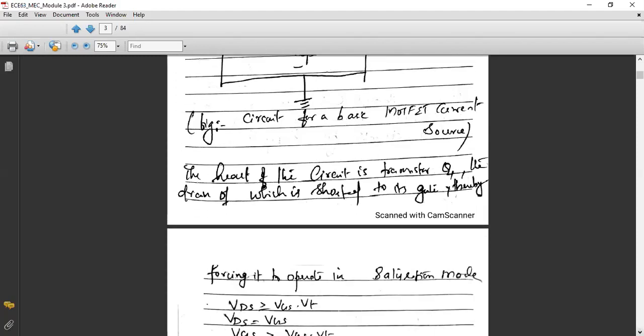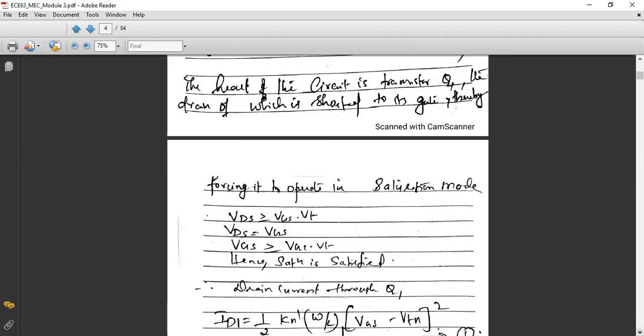Now, for this particular circuit to be effective, the main condition to be satisfied is that it should work in saturation mode. The entire circuitry should work in saturation mode. And what is saturation? The condition of saturation is VDS greater than or equal to VGS minus VT.